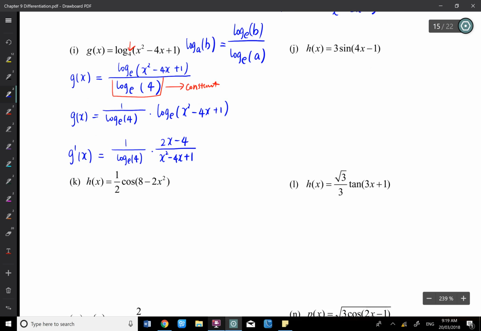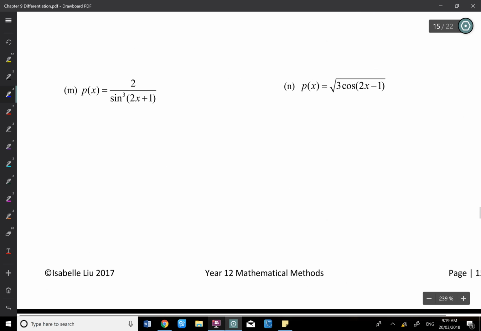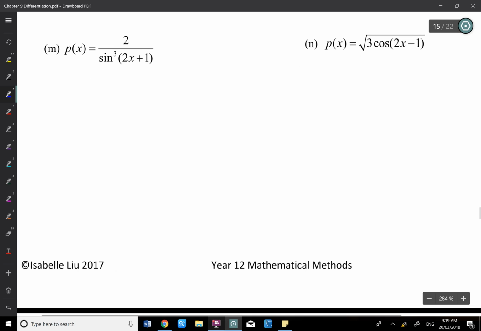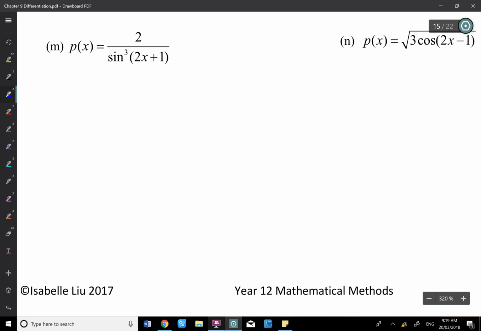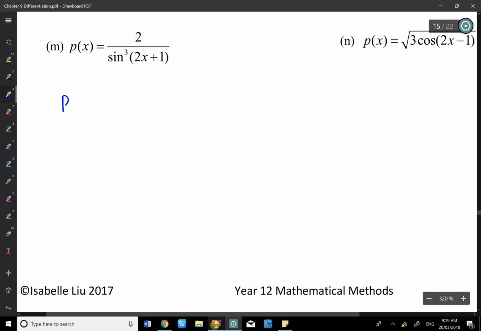Okay, just do one last. M or n, which one do you choose? Which one is more complex? For m, we need to use the chain rule for both. For p(x), I'll put the equation for you: 2 times (sine 2x plus 1) to the power of negative 3.